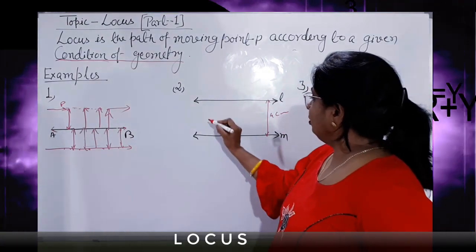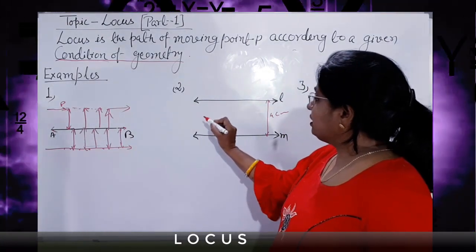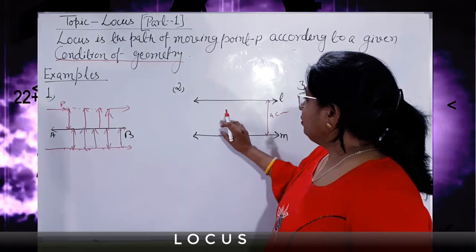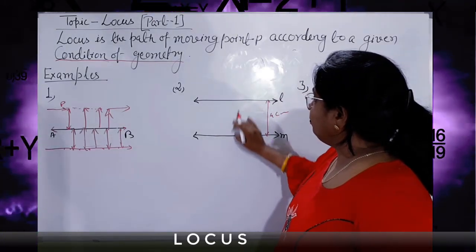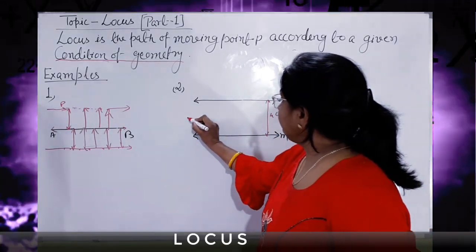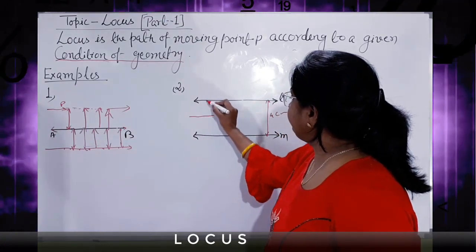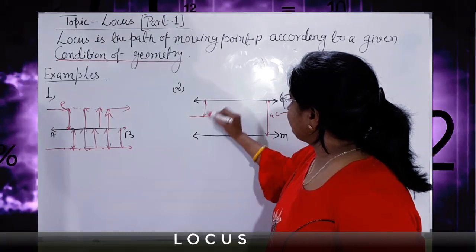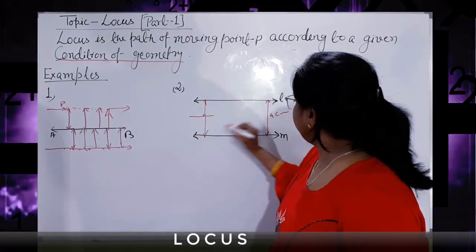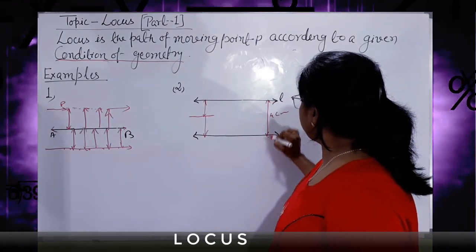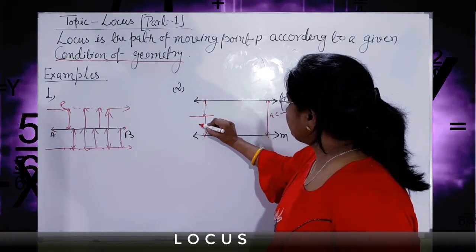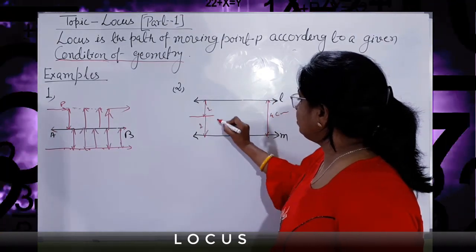Suppose I have to draw one locus of moving point P equidistant from both given lines, then we will draw it from here, and each and every point is equidistant from both given lines. The distance between the two lines is 4 cm, that means 2 cm, 2 cm.